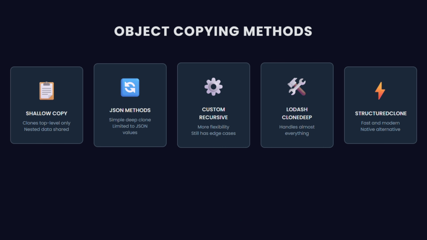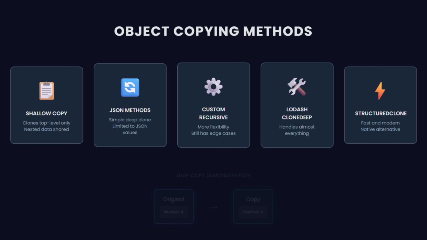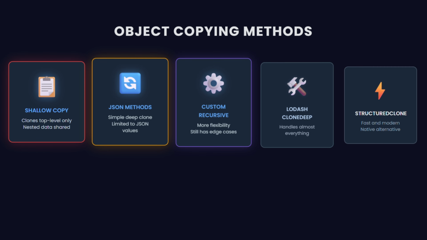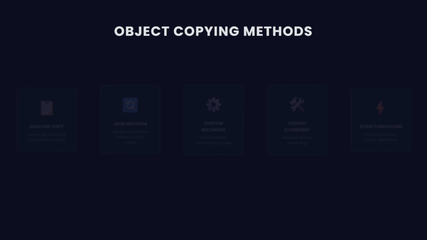Lodash's cloneDeep handles almost everything and is a great choice for production. And the native structuredClone function gives you a fast and modern alternative, with good support across platforms. Understanding how deep cloning works helps you avoid hidden bugs, especially when working with data transformation, state management, or API responses. Mastering this concept will make your code safer, cleaner, and more predictable.